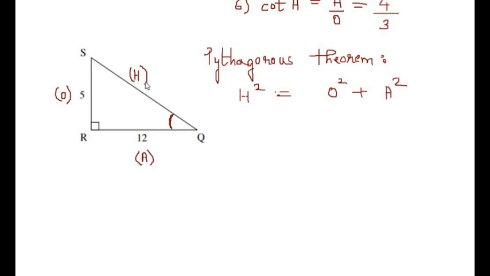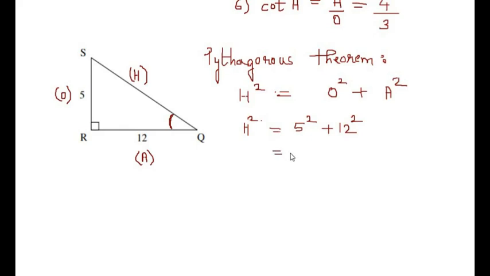So hypotenuse square is equal to opposite square plus adjacent square. Since we do not know the hypotenuse here, we'll keep it as h. So h squared equals the opposite, which is 5, squared, plus the adjacent, 12, squared.